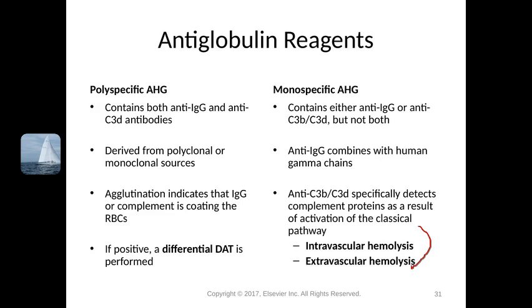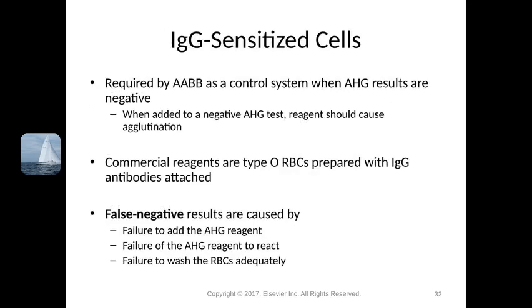So IgG sensitized cells, or IgG coated cells, or our Coombs control, as some people call it. These are required by the American Association of Blood Banks as a control system when we're using AHG reagent and our results are negative. We have to add these check cells, and then we add a drop to the tube and then centrifuge it and look for agglutination, because agglutination here confirms the negative reaction.